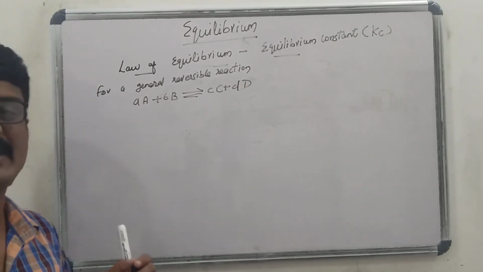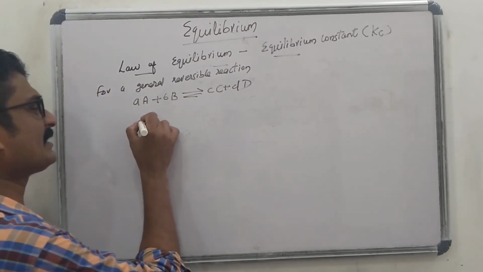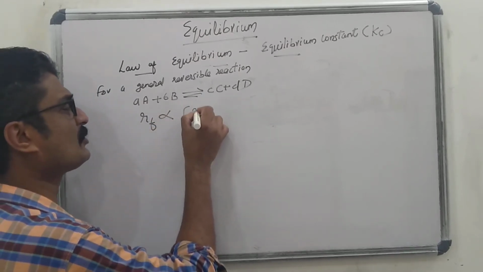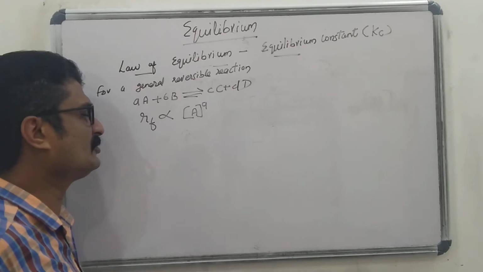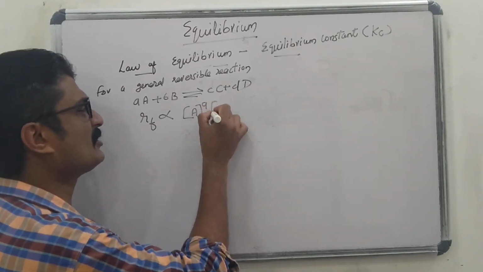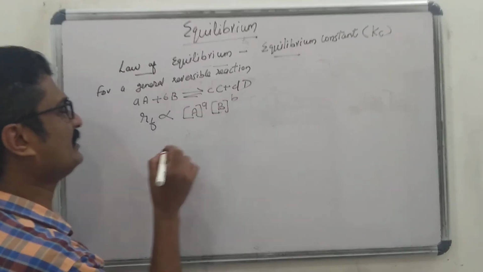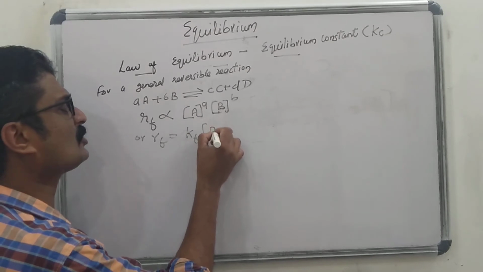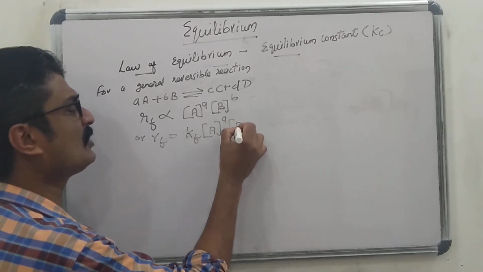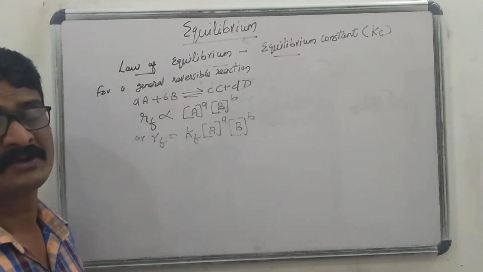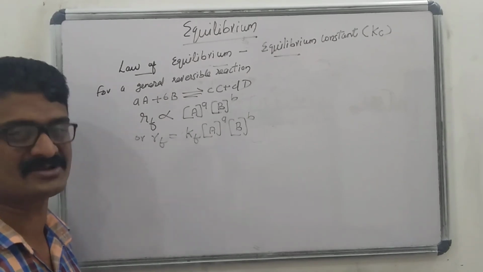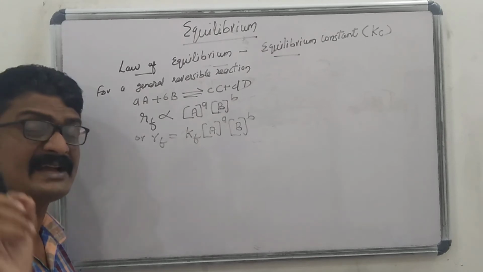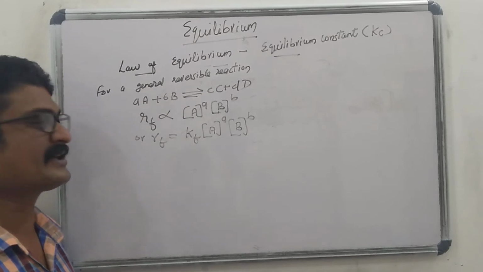Then according to law of mass action, we can say the rate of forward reaction, that is RF, is directly proportional to the product of molar concentration of A raised to a into the product of molar concentration of B raised to b, or RF is equal to Kf into molar concentration of A raised to a into molar concentration of B raised to b. Where Kf, please listen, Kf is a constant called rate constant for the forward reaction.